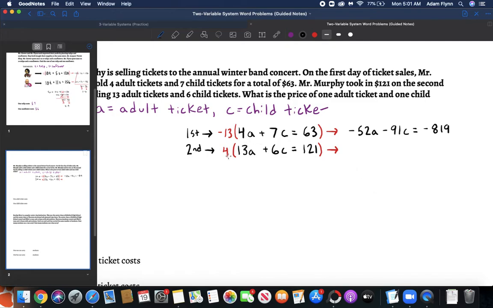For my bottom equation, I've got 4 times 13, which is going to be 52a. 4 times 6c is going to be a positive 24c, so plus 24c. And 4 times 121 is going to be 484.